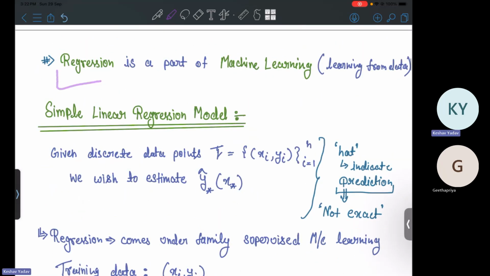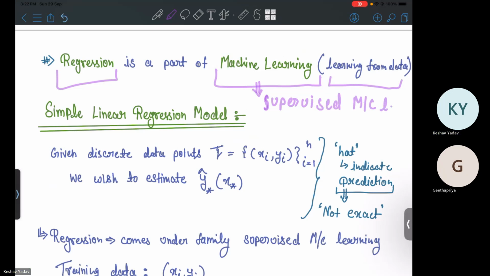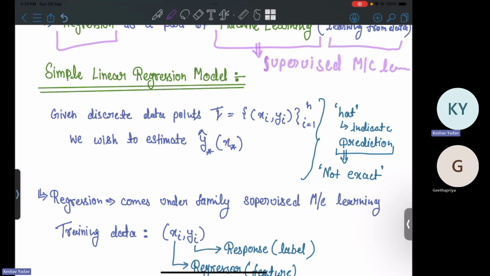Regression is a part of machine learning, which is nothing but learning from the data. It comes under the family of supervised machine learning. Let us start with the simplest case, which is a simple linear regression model.